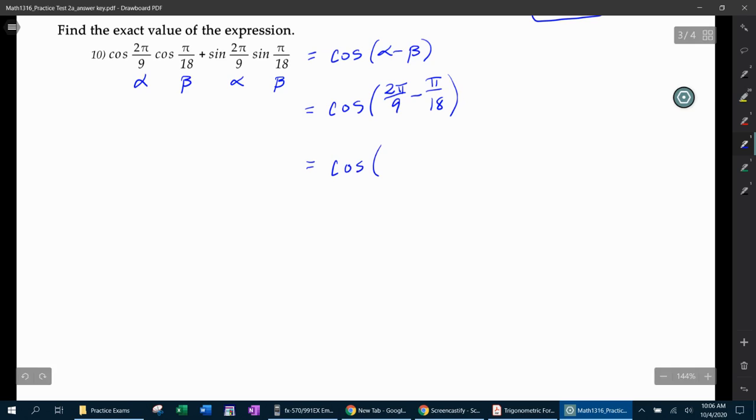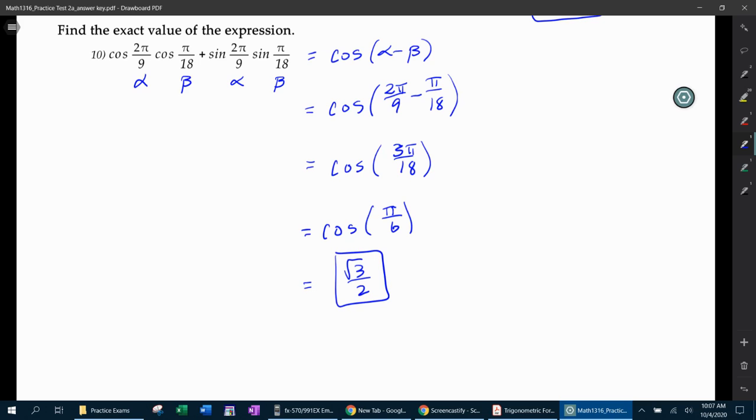And you're going to need to subtract those. 2 ninths is the same as 4 eighteenths. 4 minus 1, that's 3 eighteenths, which reduces to pi over 6. And what is the x-coordinate at pi over 6? That is square root of 3 over 2. And that should be done.